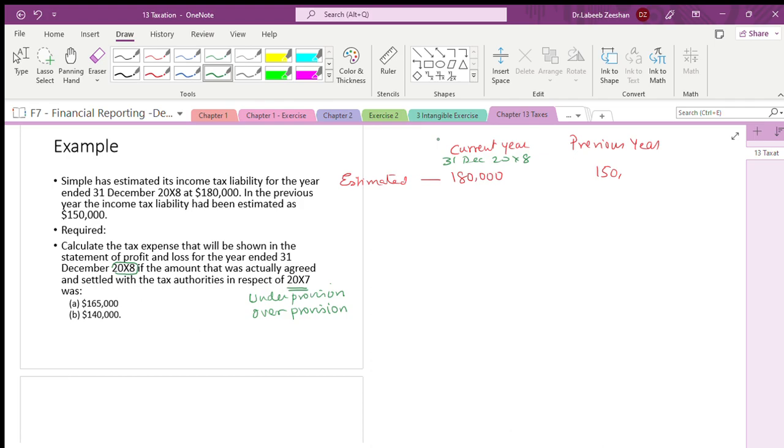In the previous year, how much did they estimate? They estimated 150. Is it right? And actually, how much have they paid? They have paid 165.